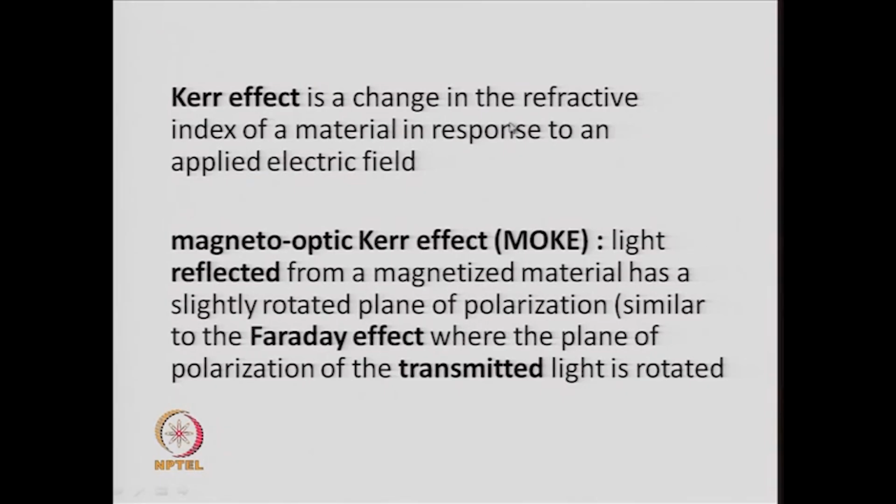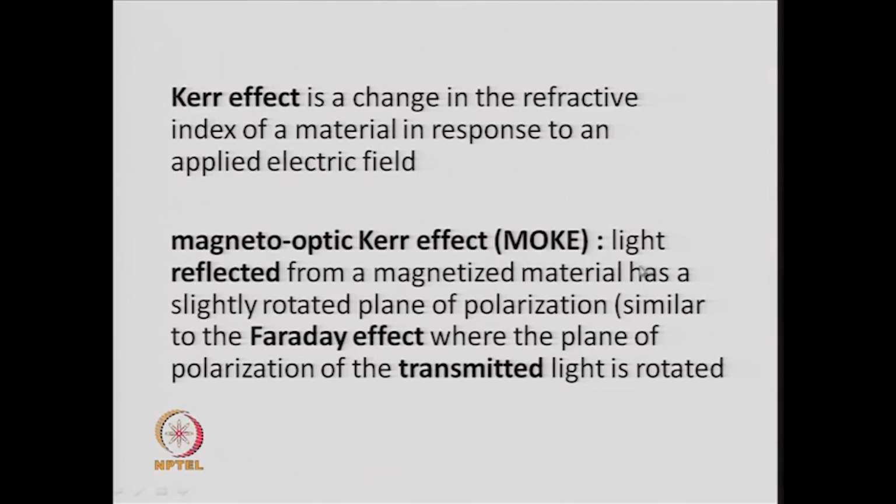Now, in general, Kerr effect is a change in the refractive index of a material when you apply an electric field. That is the simple Kerr effect. It is an electro optic effect. There is no magnetic effect in that. You are applying an electric field and you are looking at the change in the refractive index. So, it is an electro optic effect which is the standard Kerr effect, whereas the magneto optic Kerr effect is in short form called MOKE.